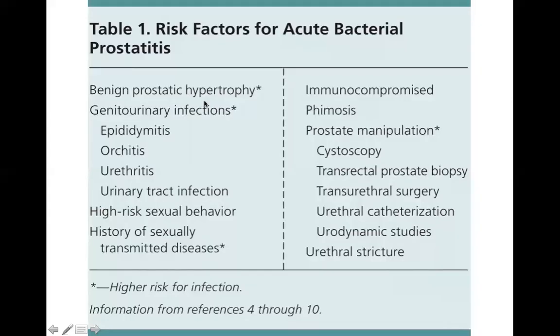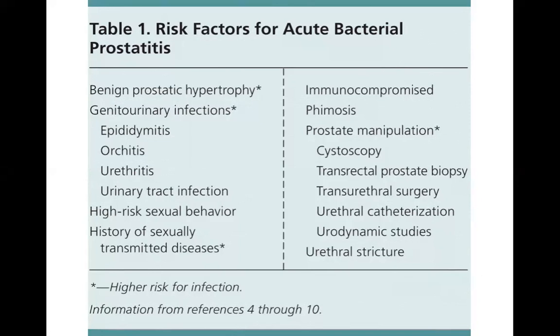And just a bit about acute bacterial prostatitis. There are certain risk factors that patients have, which can lead to acute bacterial prostatitis. These are, as I told you, presence of benign prostatic hypertrophy, presence of genitourinary infections, high-risk sexual behaviors, history of sexually transmitted diseases.